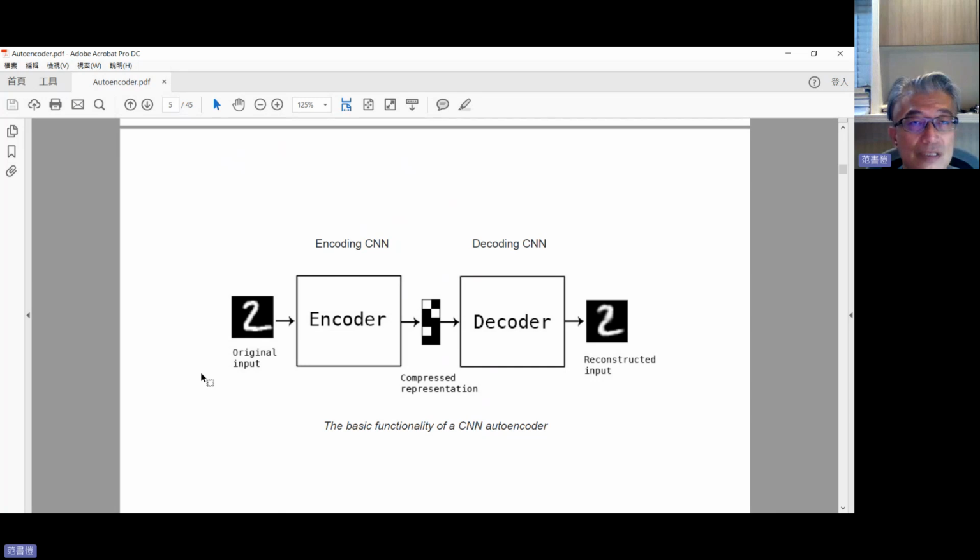We use downsampling to get a complex representation of some image, like a 2, with some important features, and then decoding. We wish the decoder, based upon the important features embedded in the compressed representation, can upsample back to the original input as closely as possible. It's known as the reconstructed input.